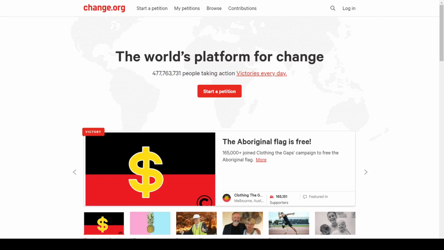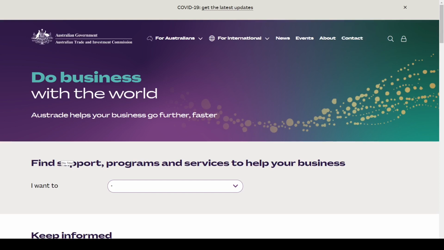Okay, the second site one should have a look at is Austrade, the Australian Trade and Investment Commission. What are they trying to achieve? Is it a personal, social, or economic impact?